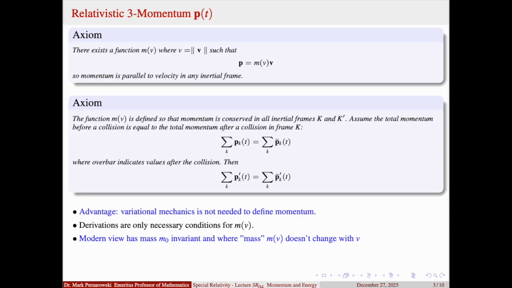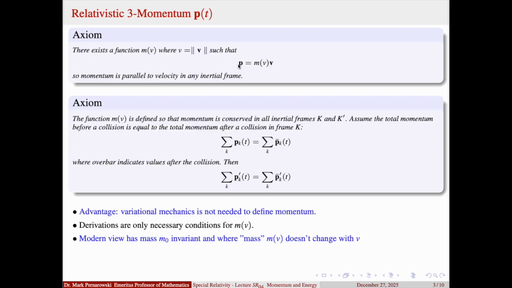First, relativistic three momentum. So this is three components, and the axioms here are defined in such a way as to create a definition for relativistic momentum that looks and acts like classical momentum.